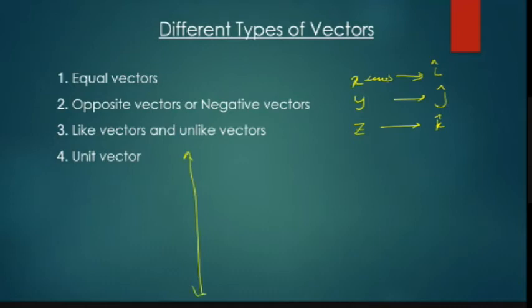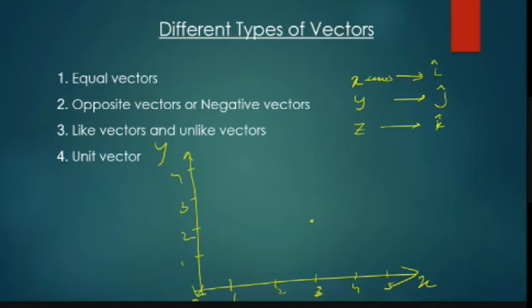Here I have the x-axis and the y-axis. Now one more question. On this point, here 0, 1, 2, 3, 4, 5, and here also 1, 2, 3, 4 I am taking. Suppose this point is 3. I started walking from here and I reached here.